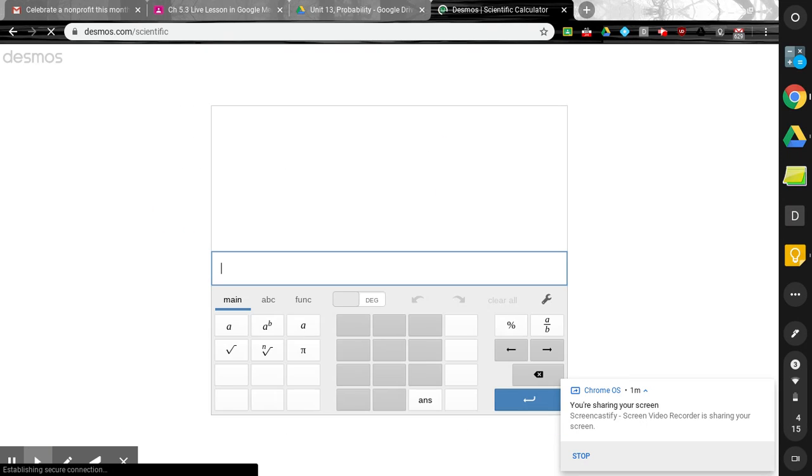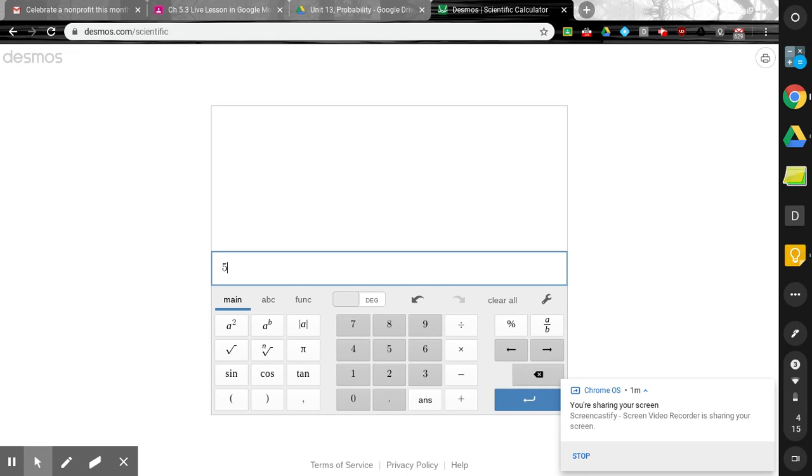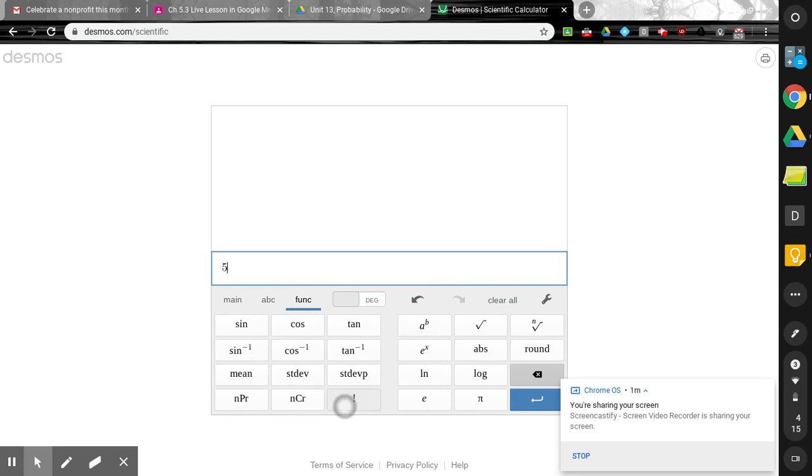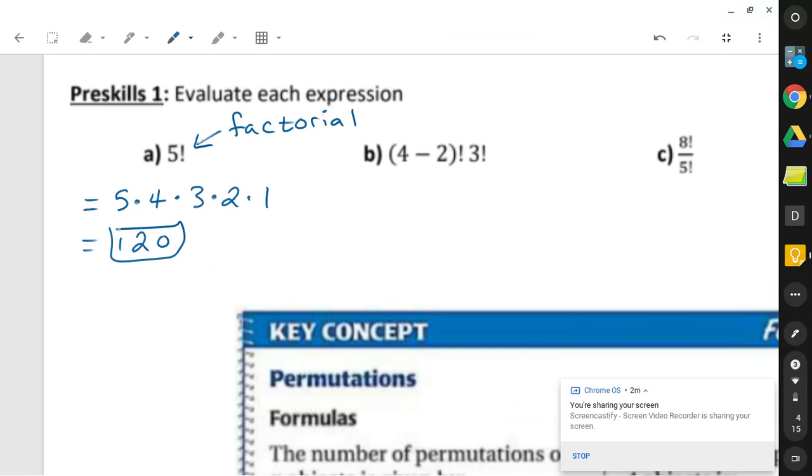That'll bring up the Scientific Calculator. And the 5 is there. And then I want to go to Functions, and the factorial symbol's down here. For right now, I would prefer that you do this without a calculator, but that is an option on your calculator as well.